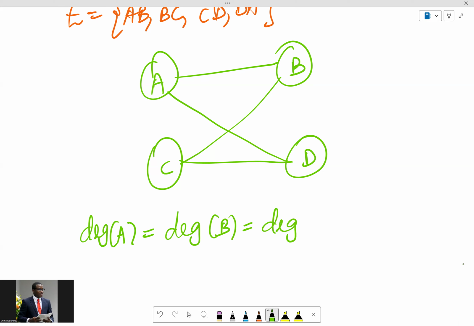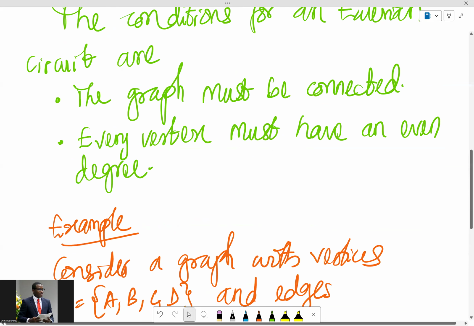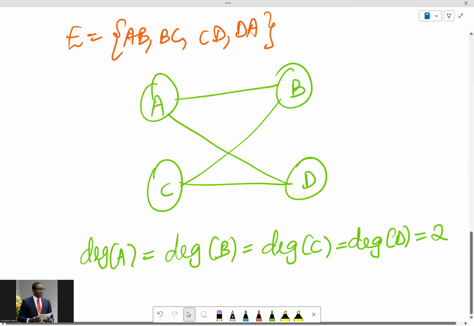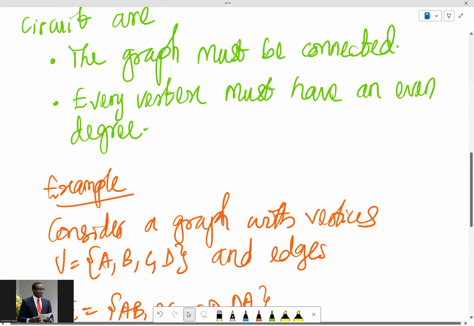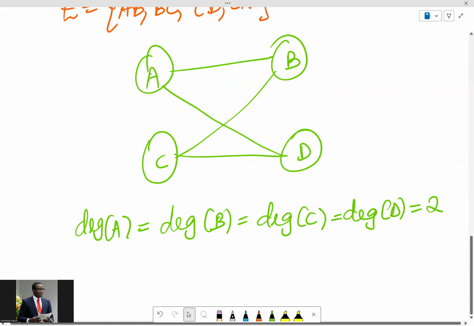The degree of B is also 2, and the same for C and D. One condition for an Eulerian circuit is that every vertex must have an even degree. Two is an even number, so all the vertices have a degree of two. That's one condition.